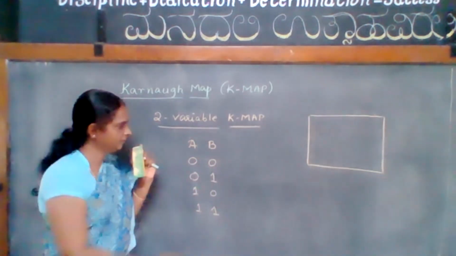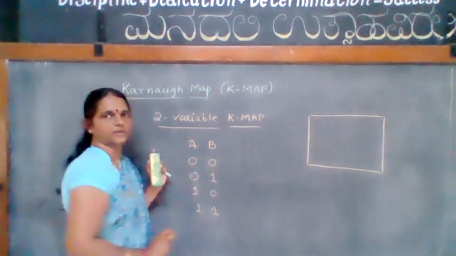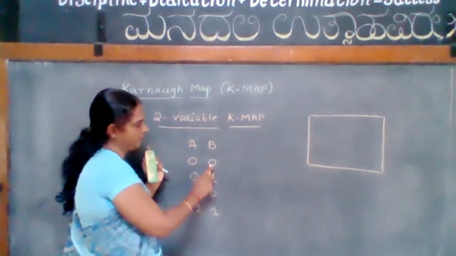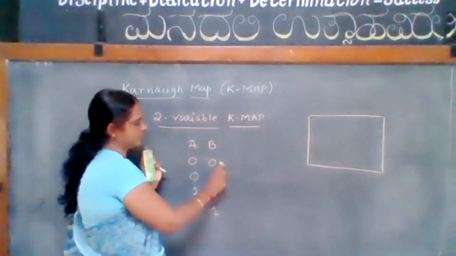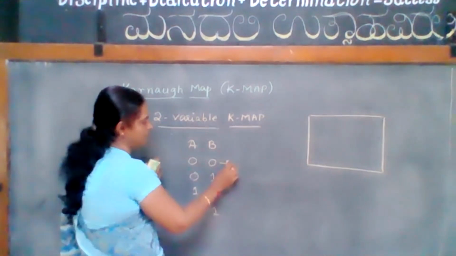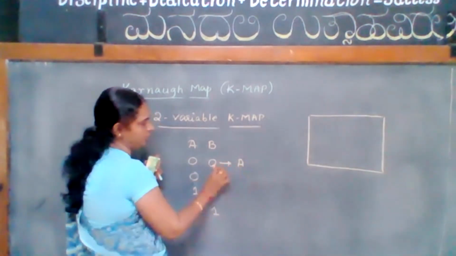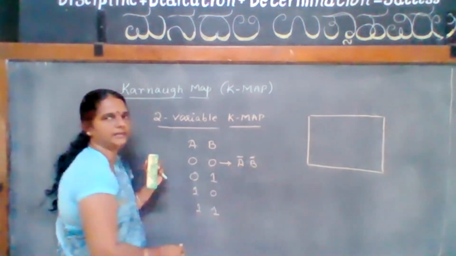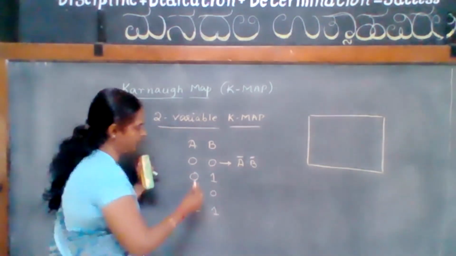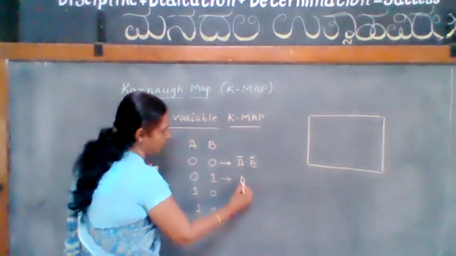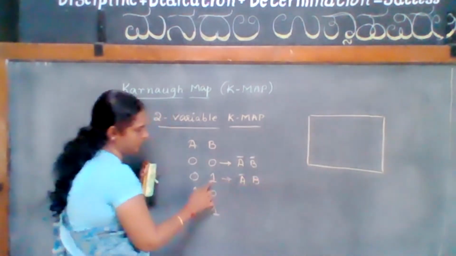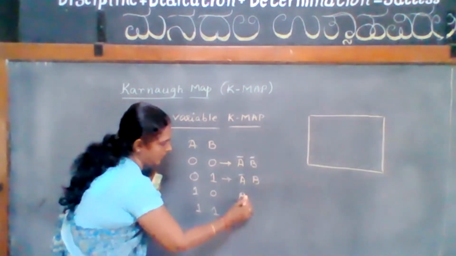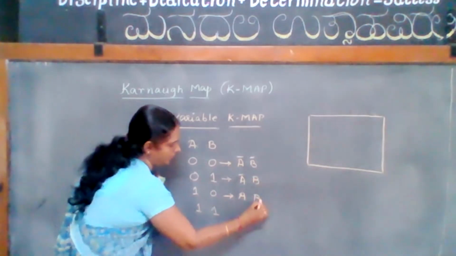Now to write the minterms for this, let us say for the first one, the minterm means both are zeros, so it is A complement, B complement, or we can also write it as A dash, B dash. This is A complement B because B is 1. This is A B complement.